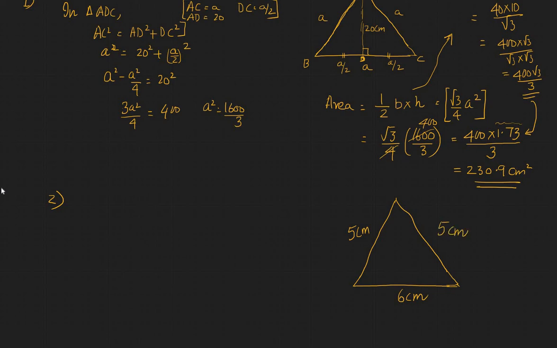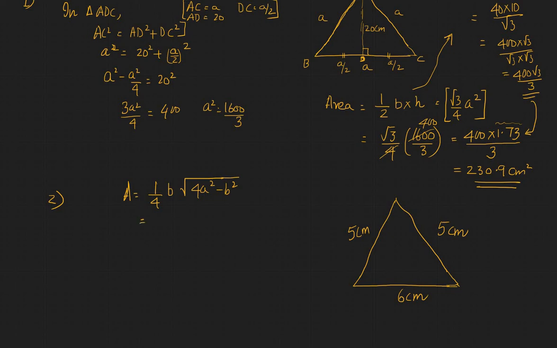Now you can do this in two ways. You can either substitute in the equation for the isosceles triangle. You know that for an isosceles triangle, area is given by 1 by 4 b, which is the non-equal side, into square root of 4a squared minus b squared.